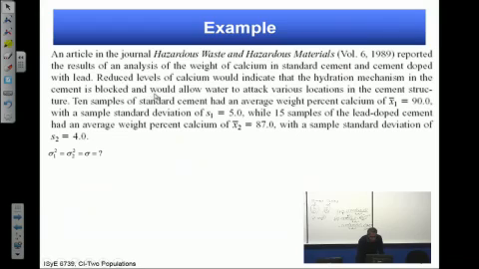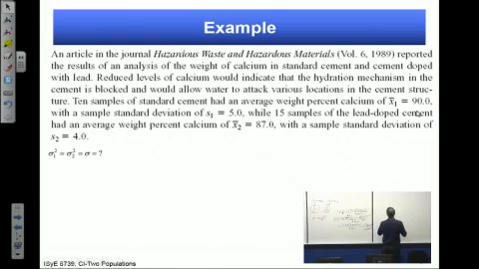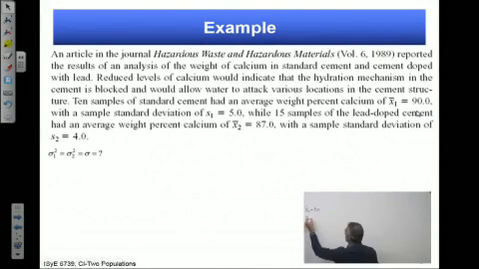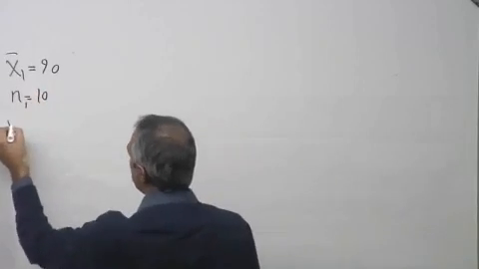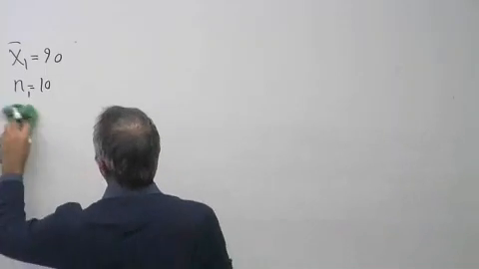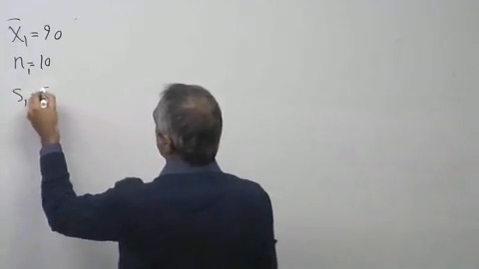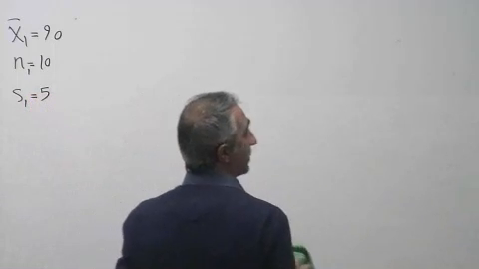What we do, we collect two different samples. The first sample has 10 observations, and the average is 90. So let me write it down here. The first one has this average, and n1 is 10, and S1 is 5, which is the sample standard deviation.